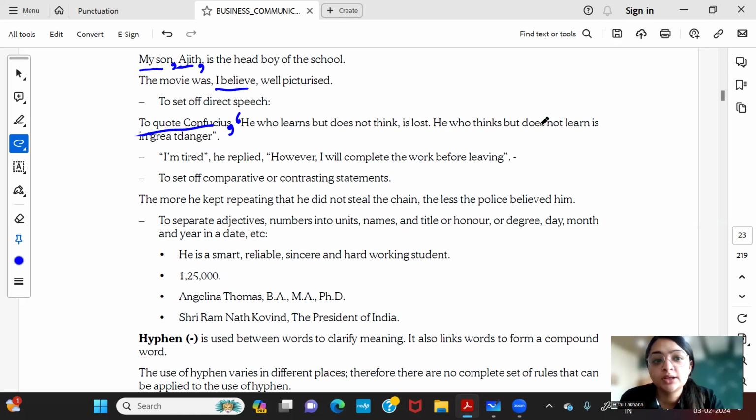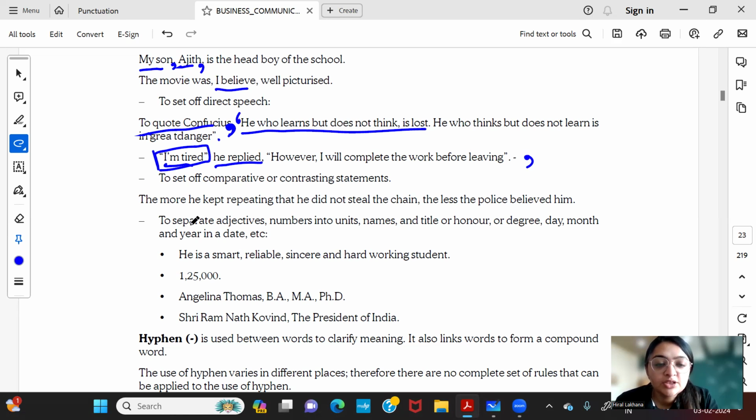He who thinks but does not learn is in great danger. This particular sentence was quoted by another person, so before we start the quoting, we have a comma here. This indicates that after this, the quote will begin. I am tired, he replied. Again, we are differentiating this quote from the rest of the sentence, and to separate this, we are using a comma.